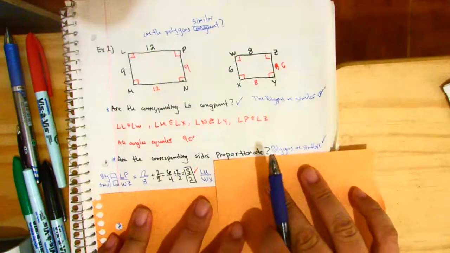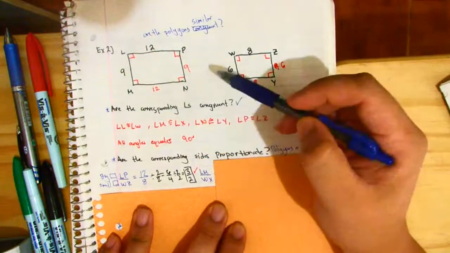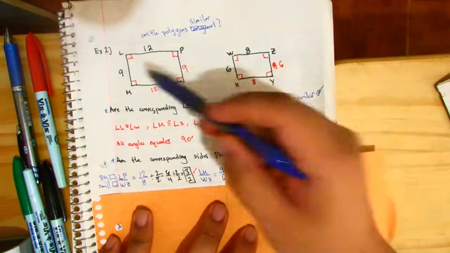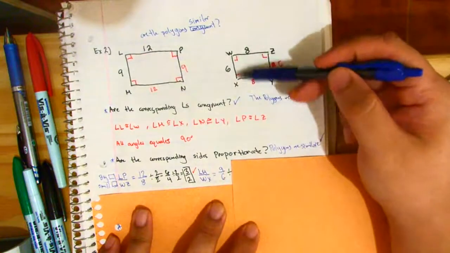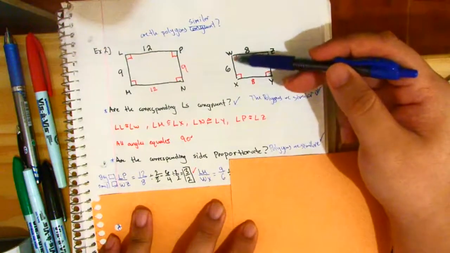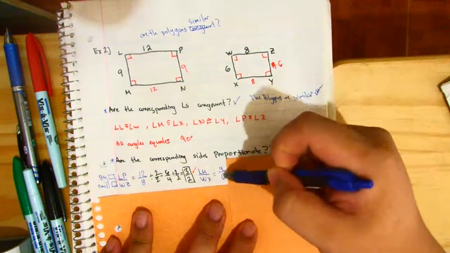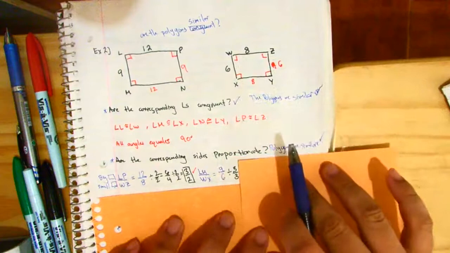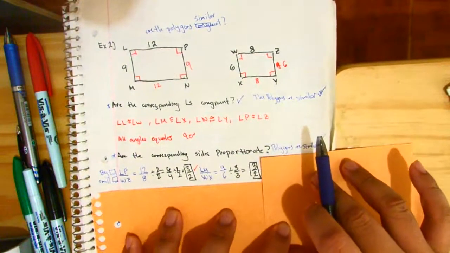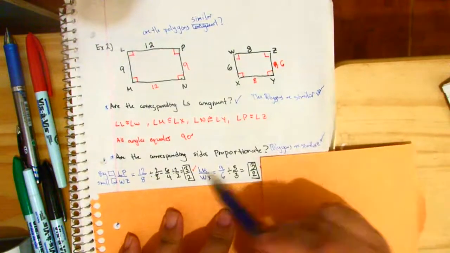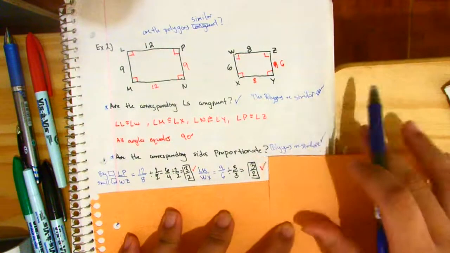Next one here is LM, which has a value of 9, and it's corresponding to WX, which has a value of 6. Here, when we simplify 9 over 6, we can divide that by 3, and you'll get 3 over 2. Here we notice they have the same ratio, or simplest form, or scale factor.